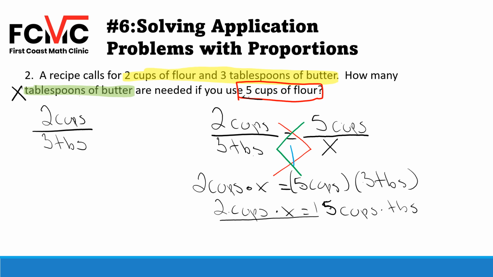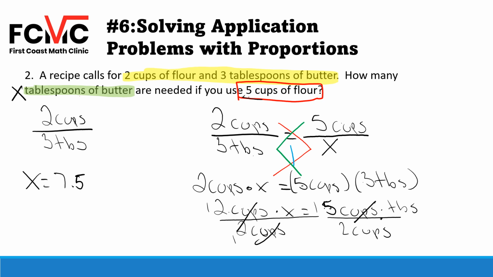Well, let's divide by 2 cups and 2 cups. So 2 cups divided by 2 cups gives us just 1 and 1, so we're left with just x. I'll write this over here: 15 divided by 2 is 7.5. And what label cancels out here? Well, we've got cups over cups.